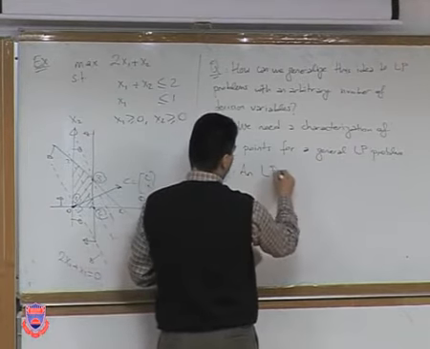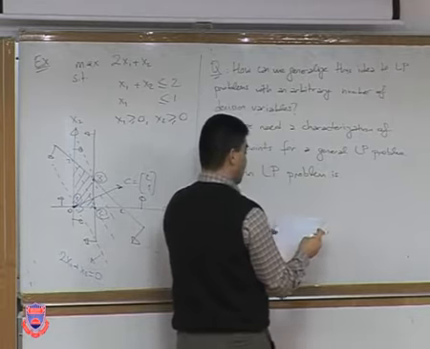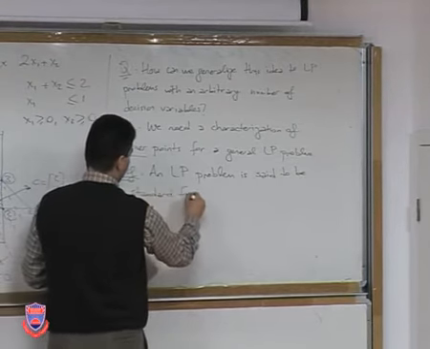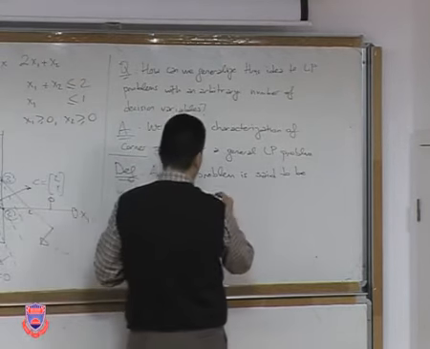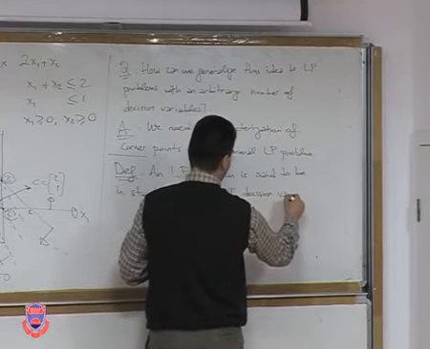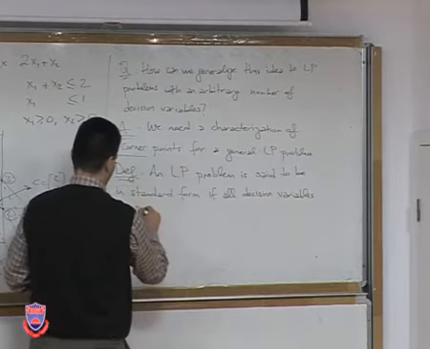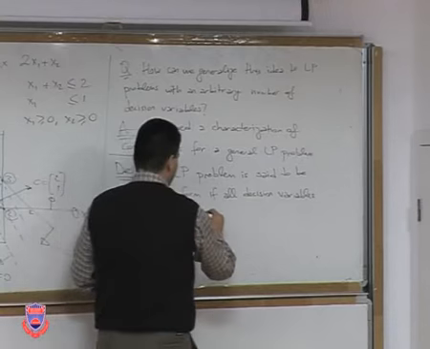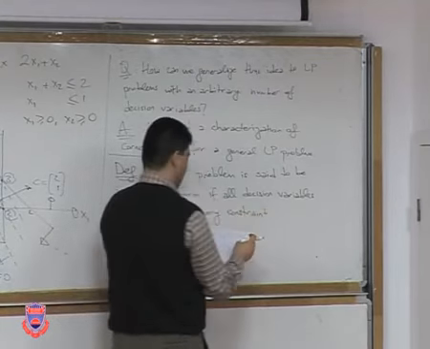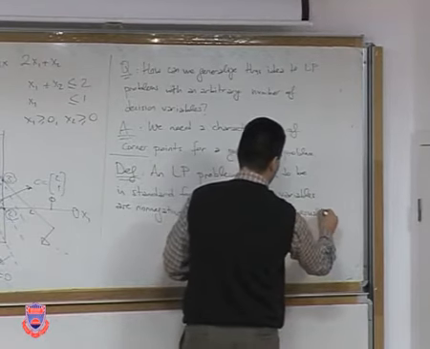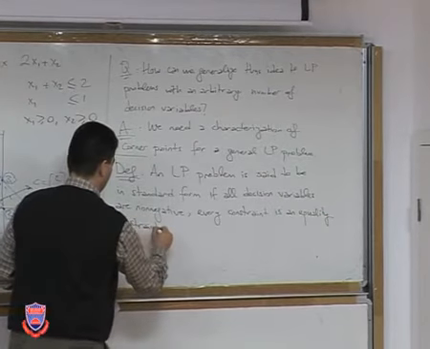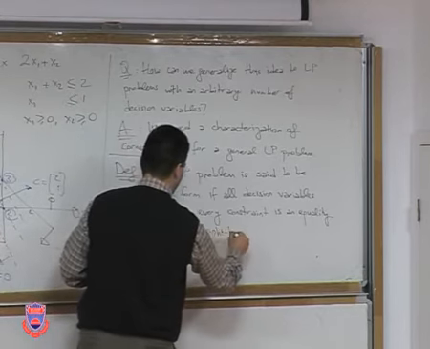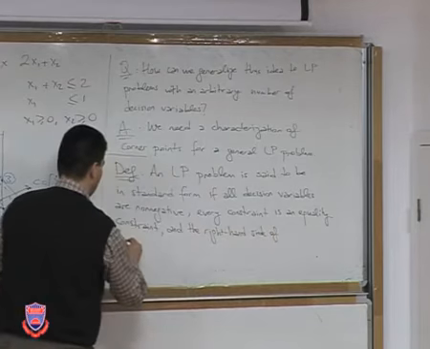An LP problem is said to be in standard form if all decision variables are non-negative, every constraint is an equality constraint, and the right-hand side of each equality constraint is non-negative.